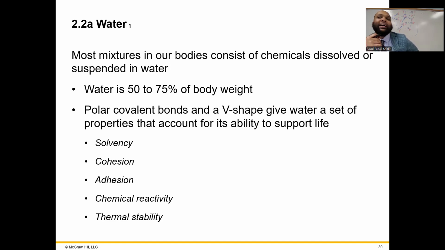Water is a versatile solvent. It will dissolve all of the other solutes. It does not mean it dissolves everything. Water does not dissolve every single solute out there. Water does not dissolve oil.